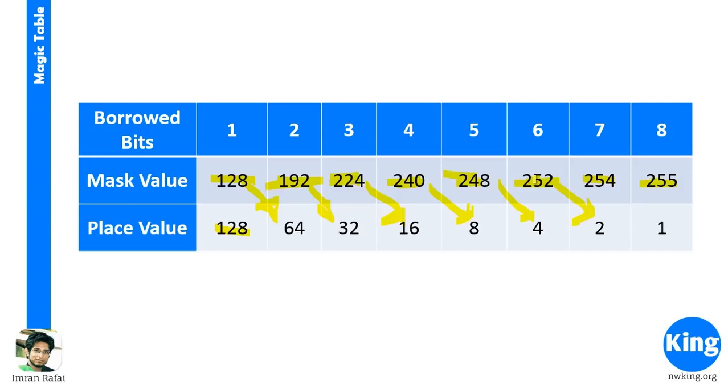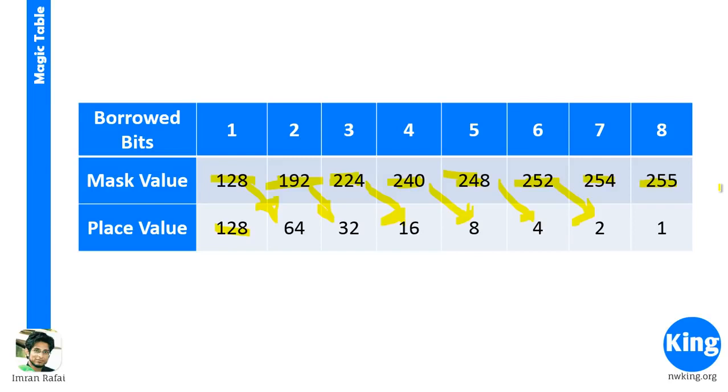Remember, that's why I ask you to learn this table by heart. At least these 8 numbers you need to know. These are standard numbers, either 128, 192, 224, 240, 248, 252, 254 or 255. I'm reiterating this again, your subnet mask has to be one of these numbers. You cannot have any other number in your subnet mask.